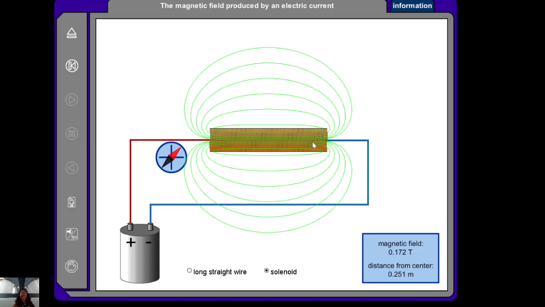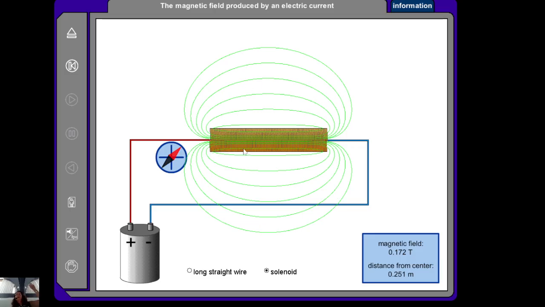If in addition to that, you take a piece of iron, soft iron usually because it works better, and you shove it inside, what it's going to do, it's going to squeeze the magnetic field inside. So it will stop the leakage, because here you are losing some magnetism to space.